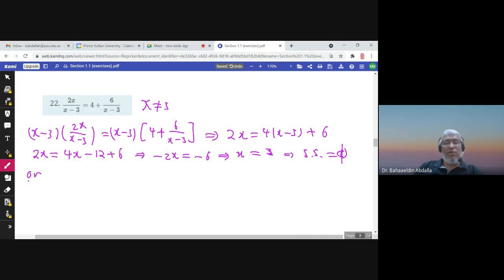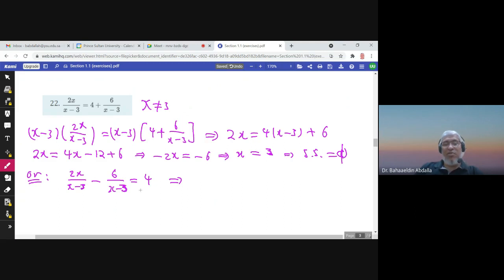The other method, I have 20x over x minus 3 in the left hand side. I can bring 6 over x minus 3 to the left hand side also. And I can leave 4 here. 4 is already here. Now we can add these two or subtract these two fractions.